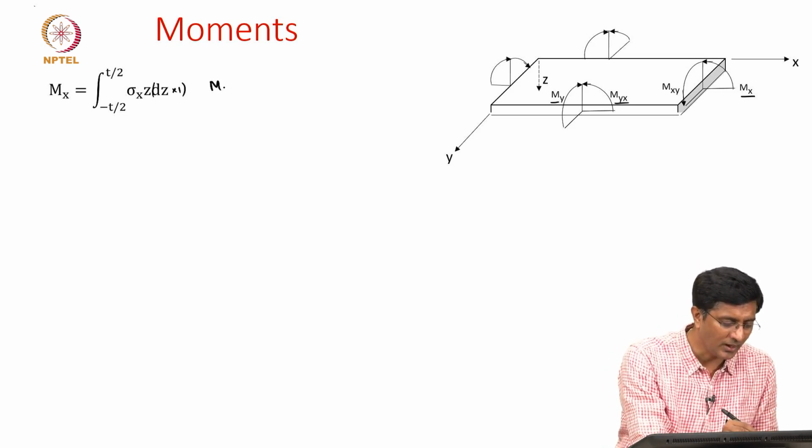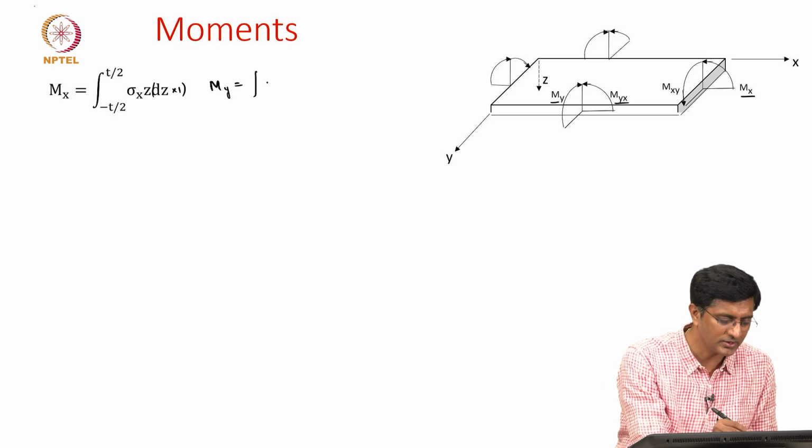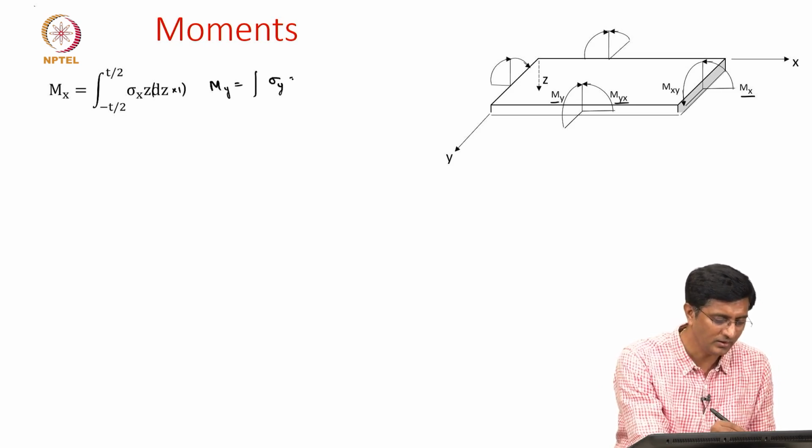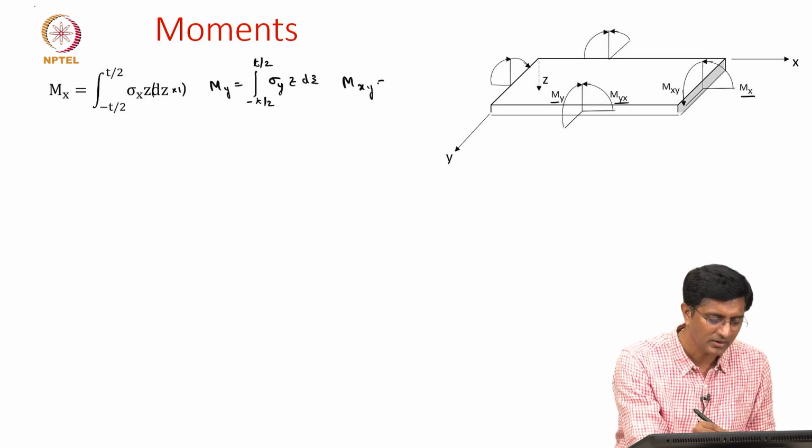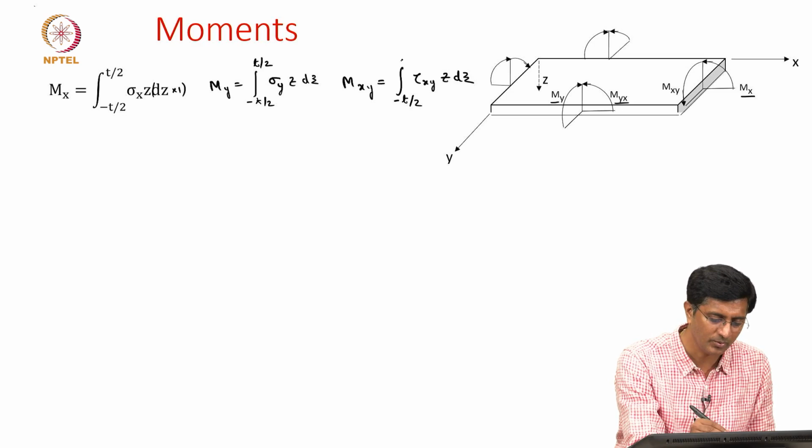And similarly My, we can follow the same expression, the only difference is this will be sigma y times z dz, going from minus t by 2 to t by 2. And Mxy can be written as tau xy times z dz, going from minus t by 2 to t by 2.